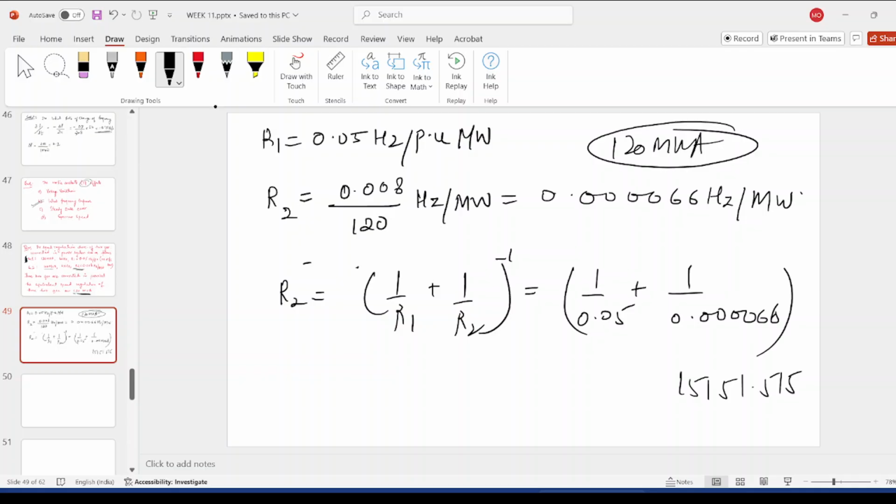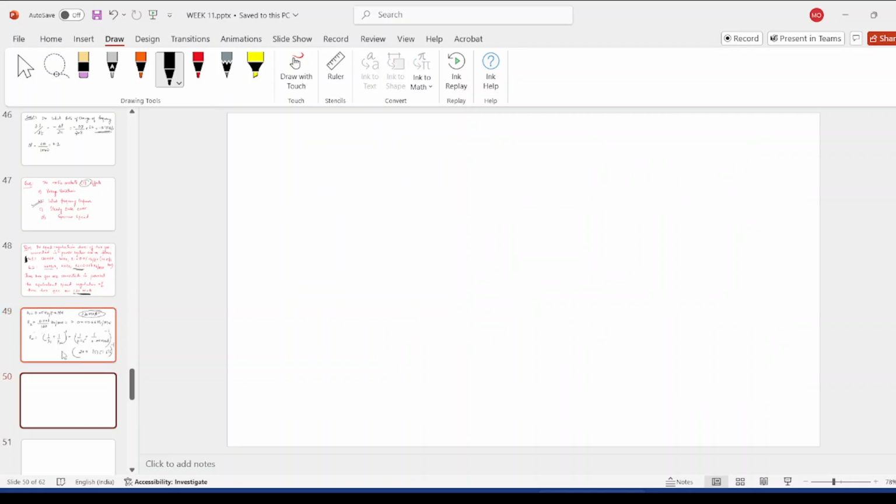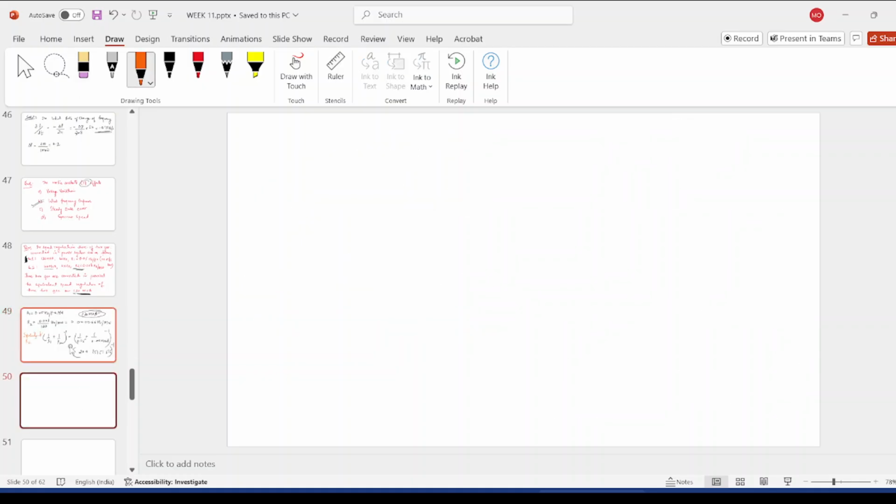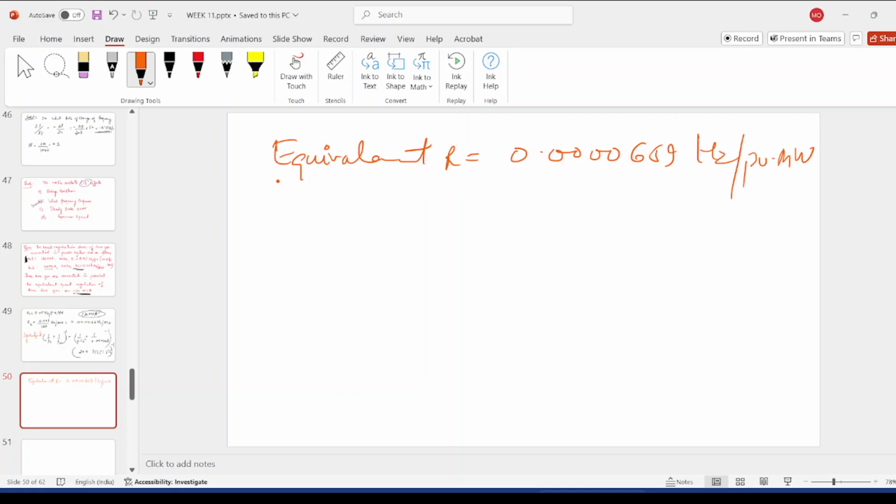Then we calculate the inverse of this. The equivalent R is equal to 0.000659 Hz per unit megawatt. So this is the final answer of this question.